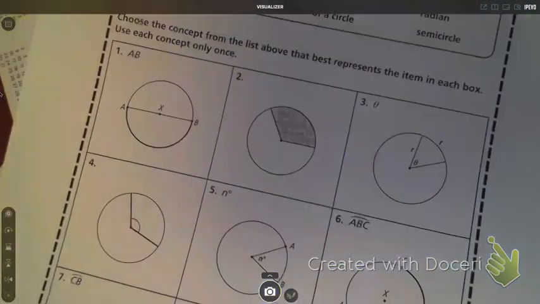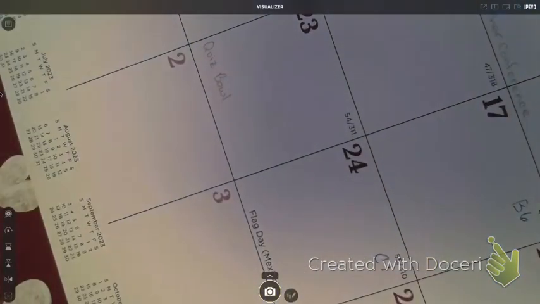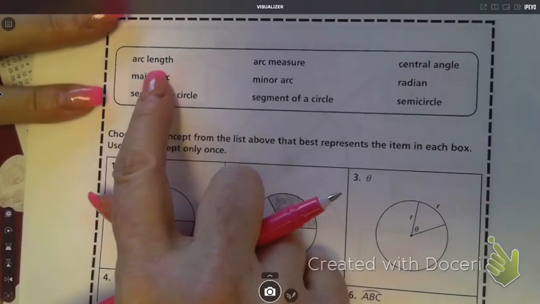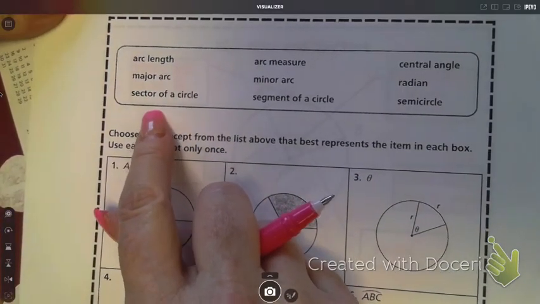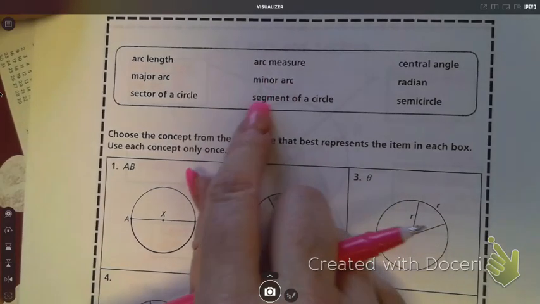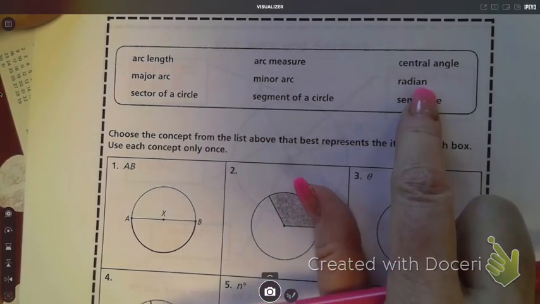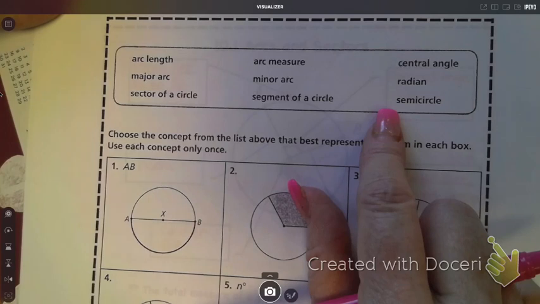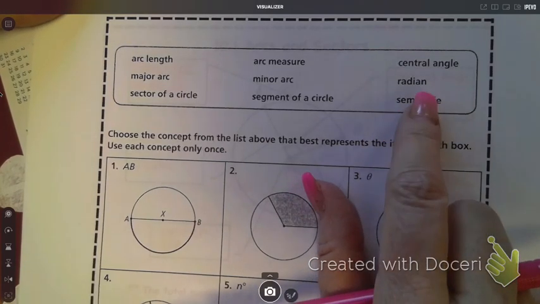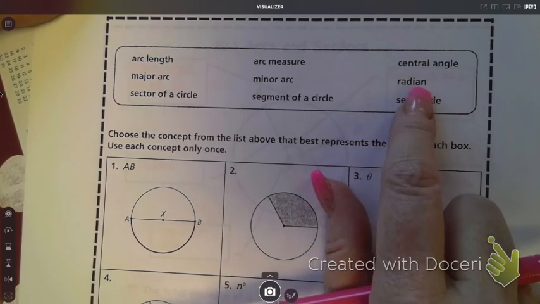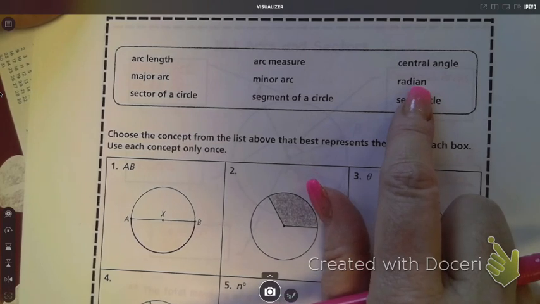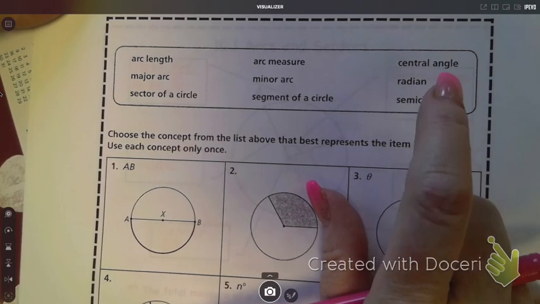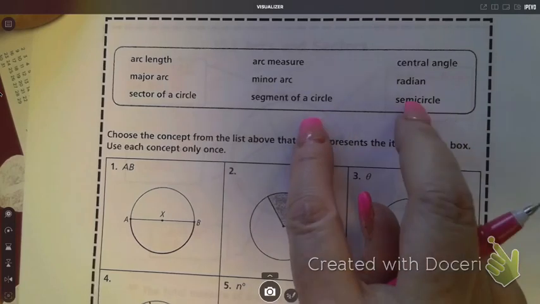Okay, on our notes, the last page of notes, you have a word bank at the top. Up here, you have arc length, major arc, sector of a circle, arc measure, minor arc, segment of a circle, central angle, radian, and semicircle. We haven't talked about a radian yet. Okay, and segment of a circle we haven't talked about, but everything else you should know.